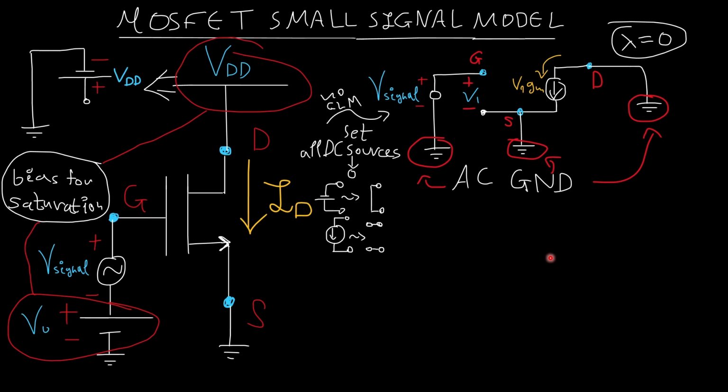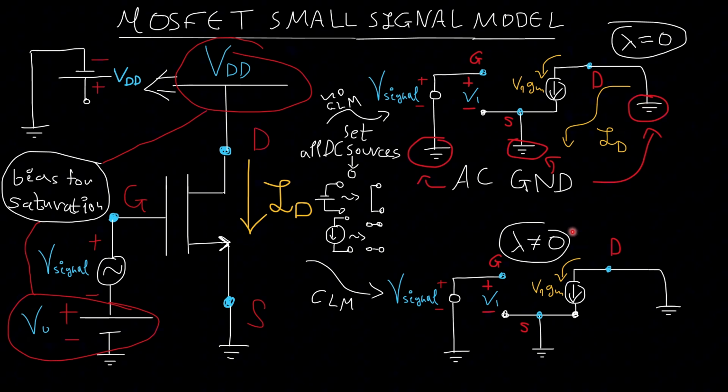It's not really the ground, but it is working similarly to it, and it's only valid for the small signal model. There is a current obviously flowing from this ground all the way to here. This V1 happens in this case to be the same as the V signal, and this is going to change the current here.